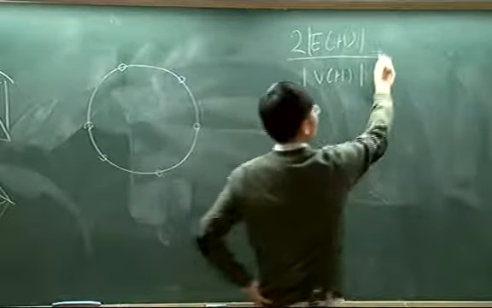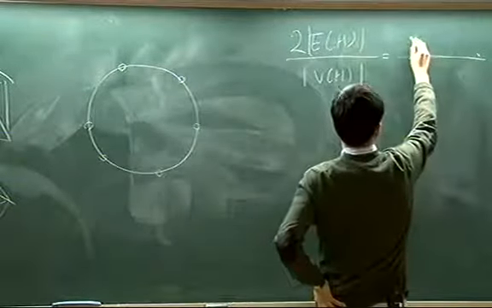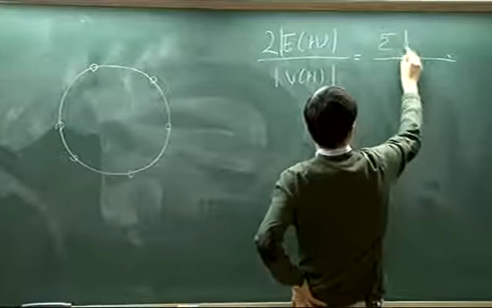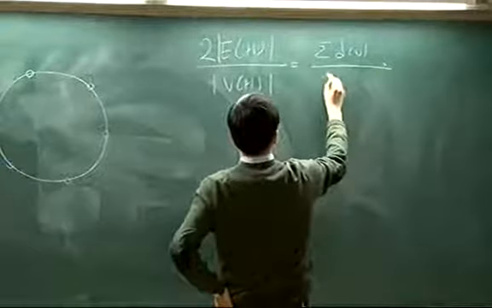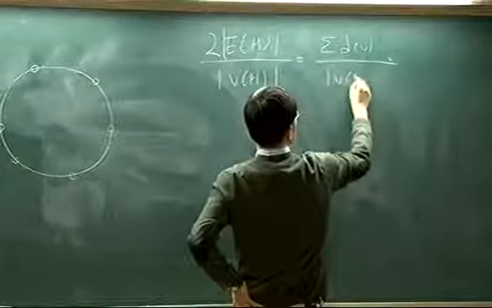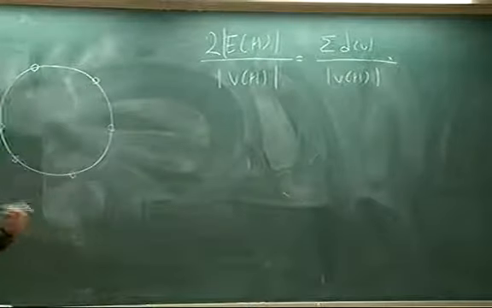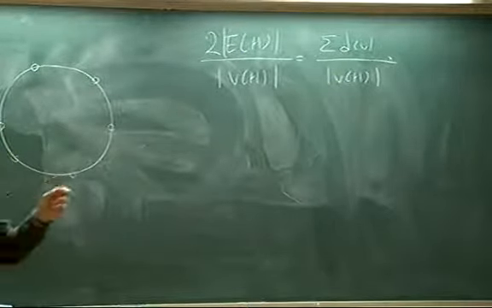The reason is the top part is exactly the sum of degrees, so we divide the sum of degrees by the number of vertices. That's the average degree.